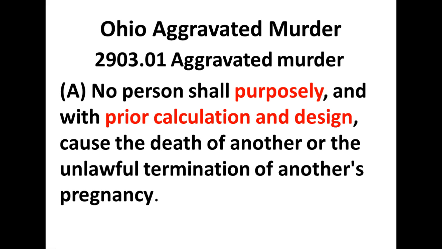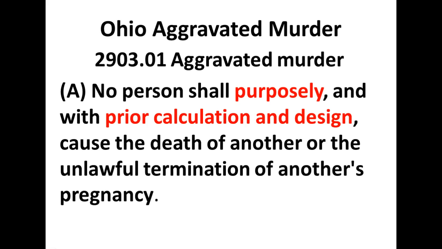Now, let's take a look at the Ohio aggravated murder statute. Ohio says no person shall purposely and with prior calculation and design cause the death of another or the unlawful termination of another's pregnancy. Now, what you see here is an updating and a model penal code variation of common law murder. First of all, you notice that the Ohio statute uses the term purposely and does not use the term intentional or malice aforethought.